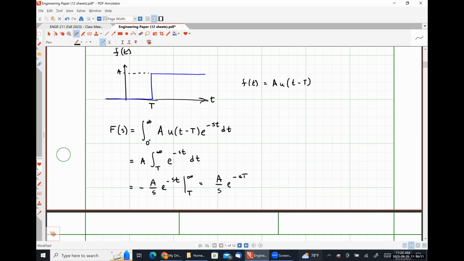Okay. So what would happen if a were equal to 1 and capital T were equal to 0?